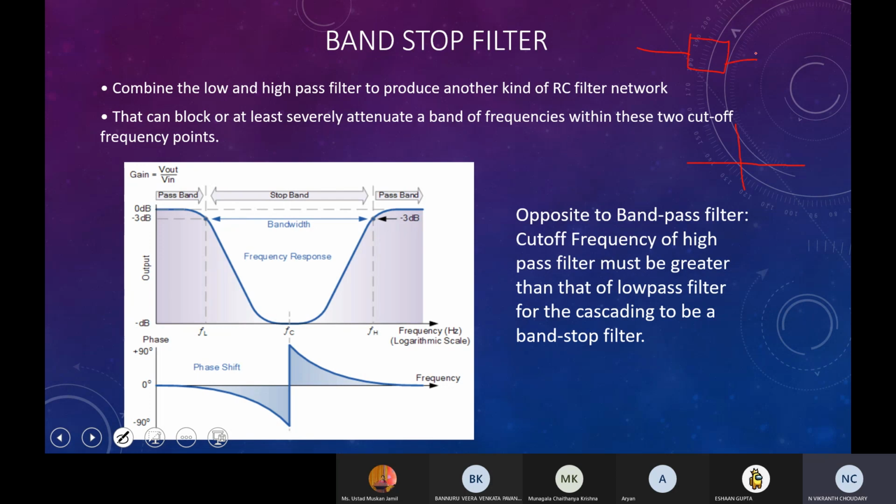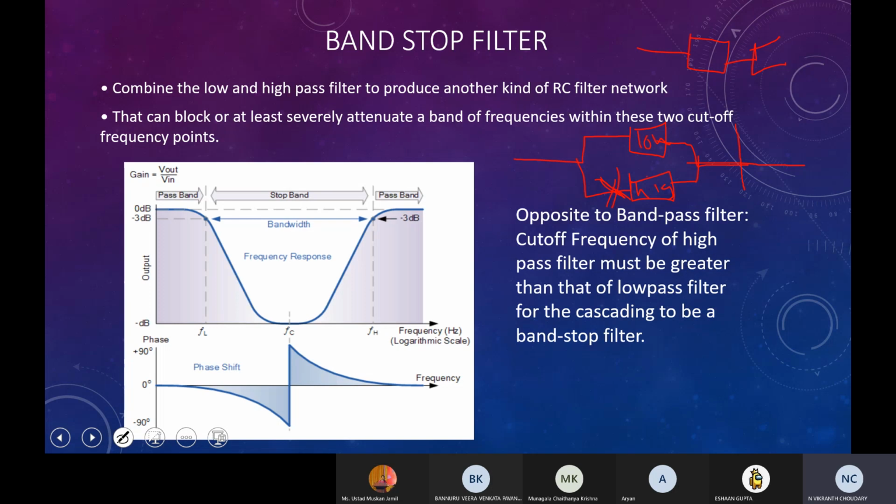So for a band stop filter, you need to replace the series configuration of the low pass and high pass filters with a parallel configuration. Suppose this is the high pass filter and this is the low pass filter. If there is a frequency that is lower than the high pass cutoff, it won't pass through this, but it passes through the low pass filter.